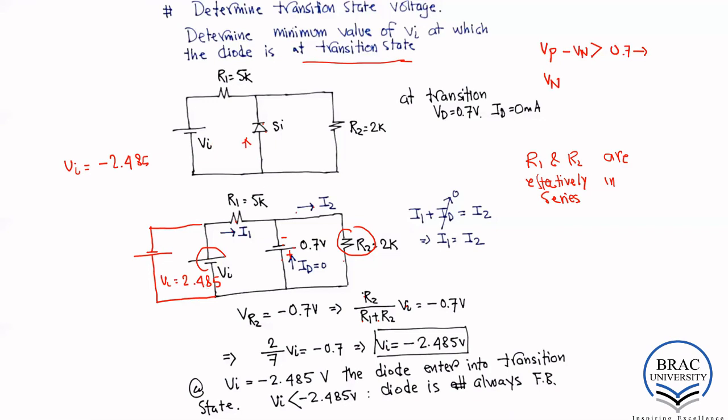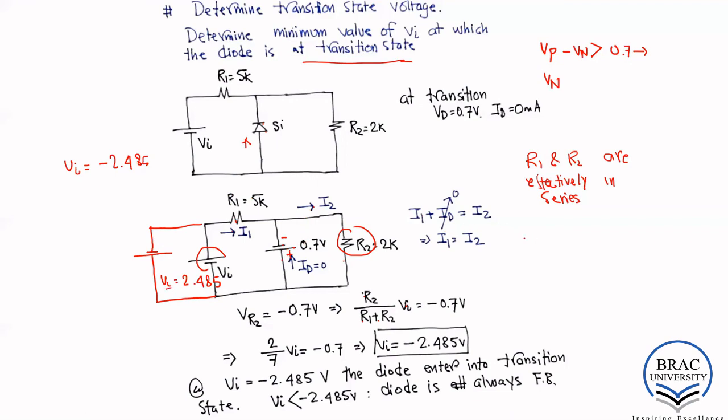Now the following question is, if you want to make the diode always on, what should be the source voltage? If you want to make sure the diode is always on, we have to apply a voltage which is smaller than Vi.